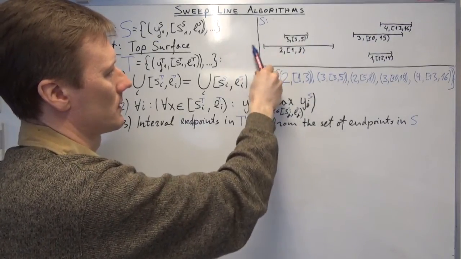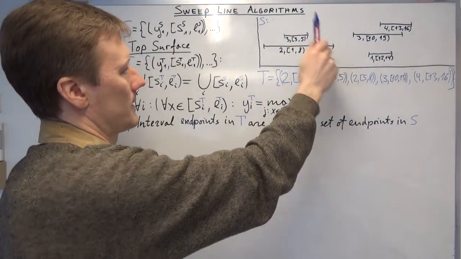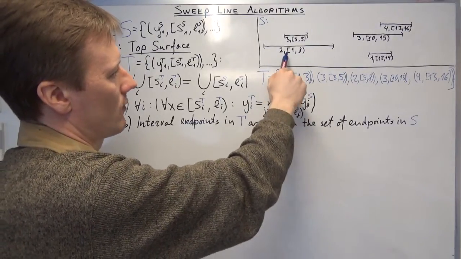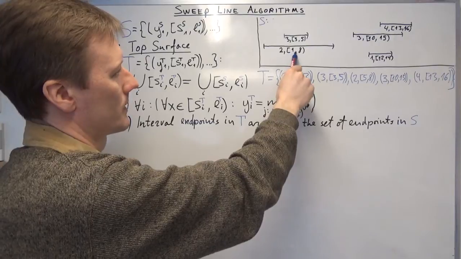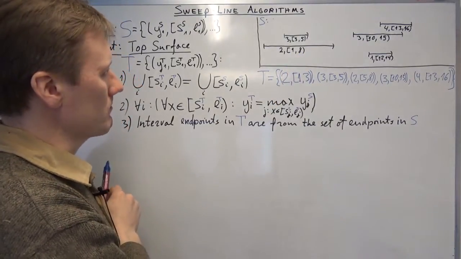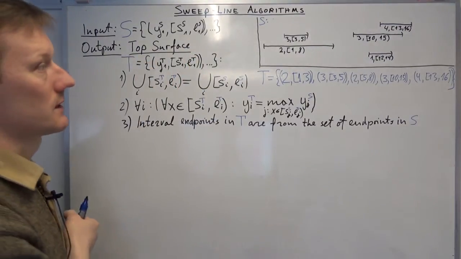So this interval starts at 1 and ends at 8. And I choose to have these intervals half open. So it starts at 1 and includes 7 but not 8. So that's the input, the set of such intervals.